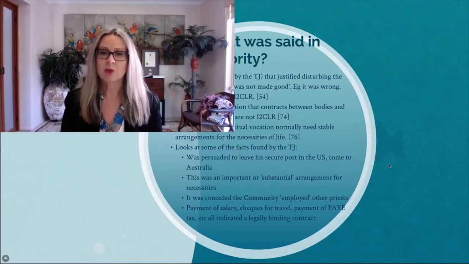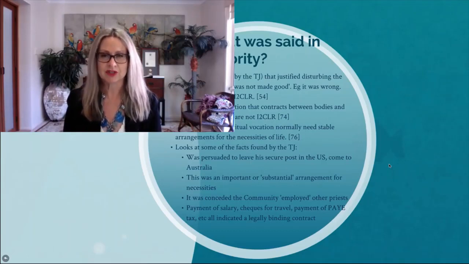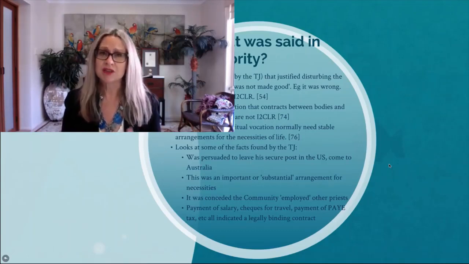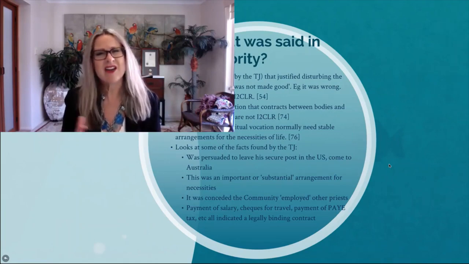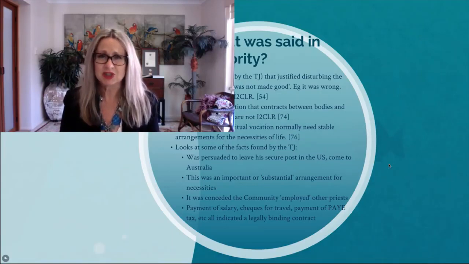So here we had something similar. The Archbishop left the US to come out to Australia. Possibly that might be an indicator of intention to create legal relations. Other things Kirby points to in the conclusions by the trial judge on the facts, things like it was already conceded that the community employed other priests. So once you've admitted that you've employed other priests that have a similar spiritual calling, how then do you distinguish between the archbishop and the priests?